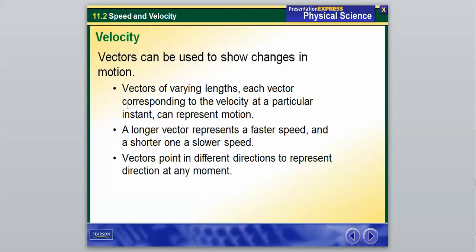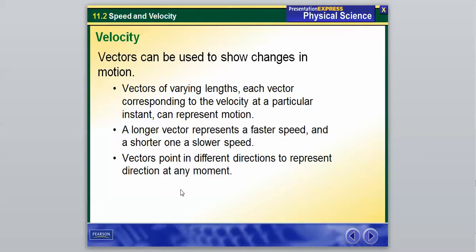The reason we have different vectors is because the velocities are changing at different points in time. We usually draw longer vectors to represent a faster speed and shorter ones a slower speed. So a shorter line is going to mean that it's moving at a slower speed, where a longer line will show us it's moving at a faster speed. And vectors point in different directions to represent the direction at any moment.